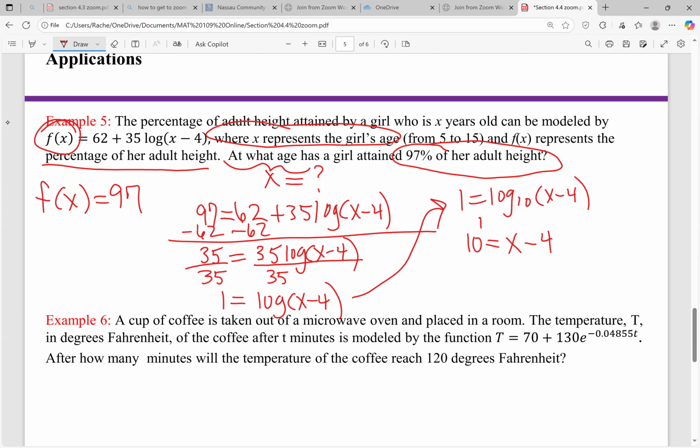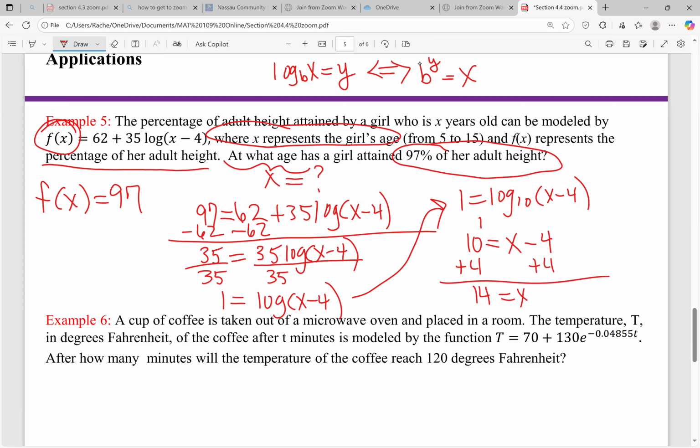So remember, log base b of x equal to y, I can rewrite that as b to the y equals x, which is exactly what I did here. Now I'm able to solve for x, right? Add 4 to both sides. 10 to the 1 is just 10. 10 plus 4 is 14. So we get x is equal to 14.